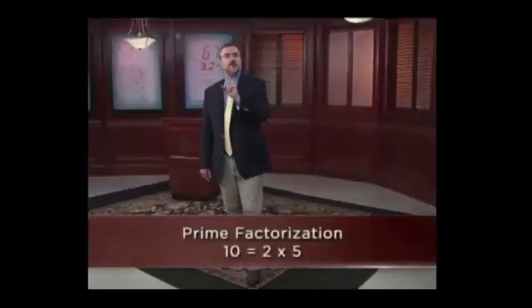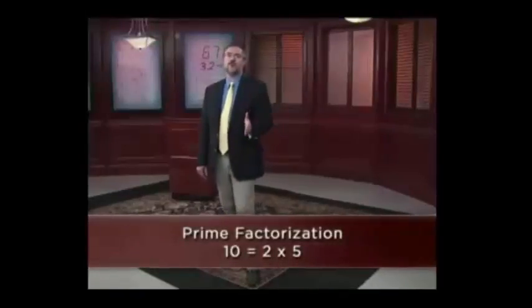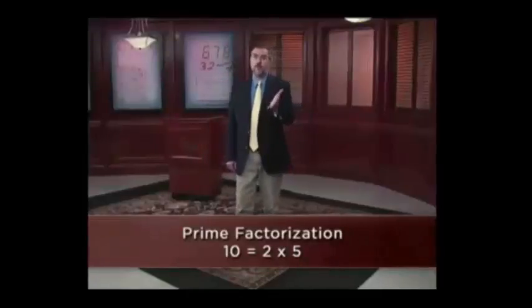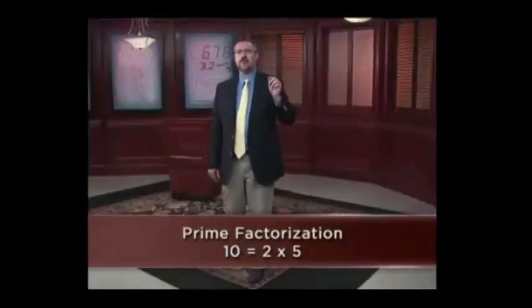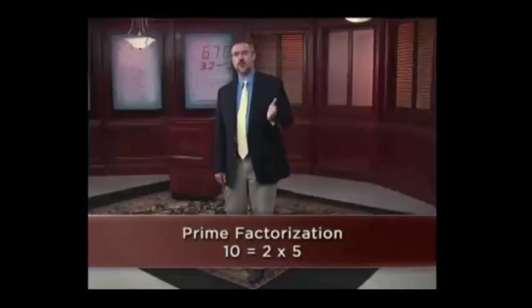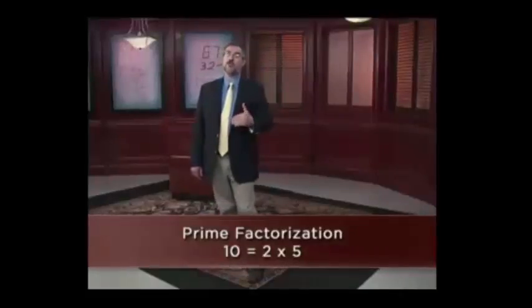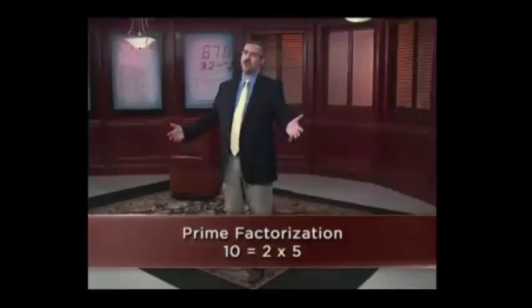Why? Well, because when we calculate the prime factorization of a number, like when I figured out that 10 equals 2 times 5, then we would also have to talk about 10 equaling 1 times 2 times 5 if 1 was a prime. Oh, but then we could write 10 as 1 to the 4th times 2 times 5, because 1 to the 4th is just 1. Oh, but then 10 could also be written as 1 to the 12th times 2 times 5, because 1 to the 12th is just 1 as well.